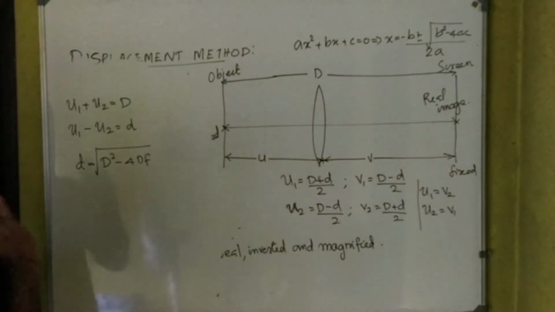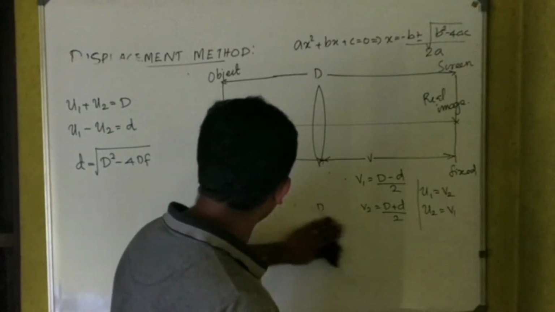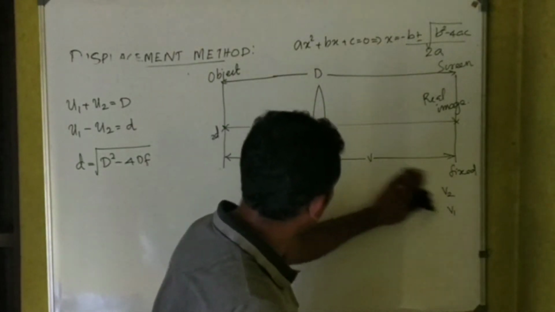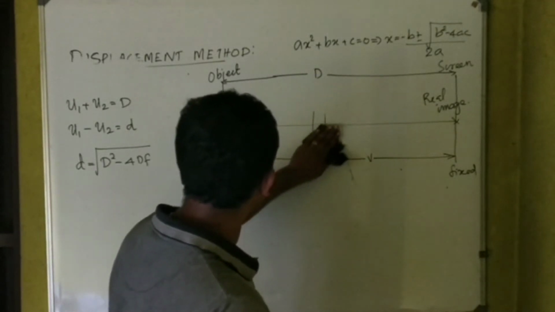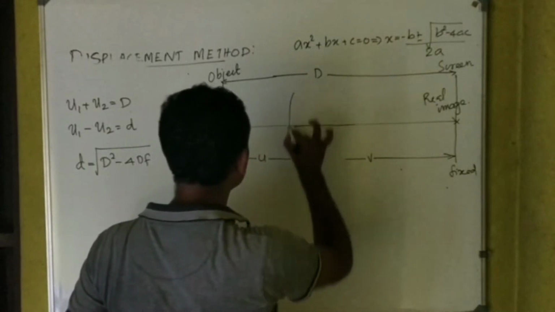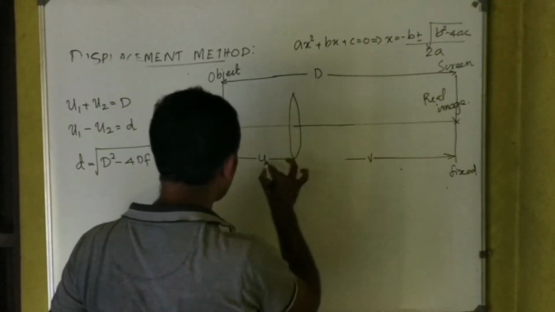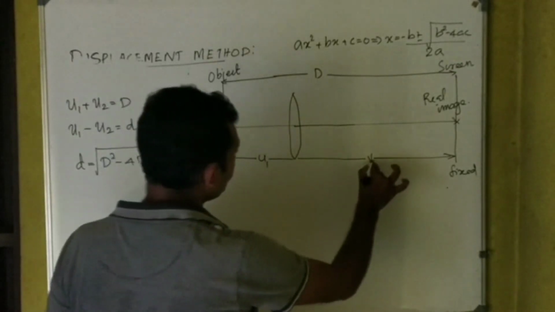Okay, so now let us have this in our figure. As I told you, this is fixed. What is fixed? The object and the screen are fixed. Now this is the first position. Now I will tell you this is u1, and correspondingly this is v1.